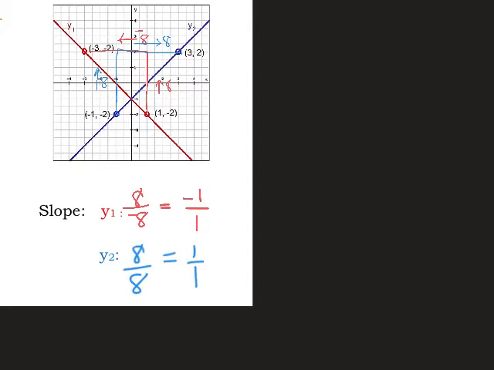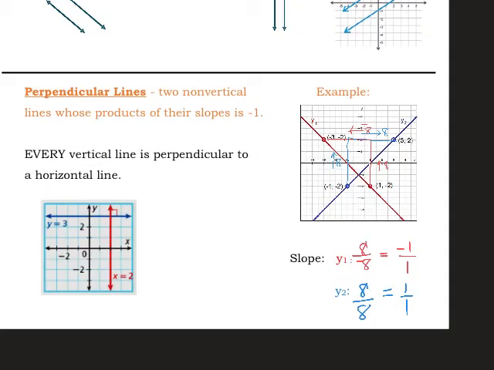Now, the thing with the slope of negative 1 and 1 is that it's really hard to see the relationship of the perpendicular slopes. So let me give you another example. And we're just going to write it over here. Just write EX, for example.